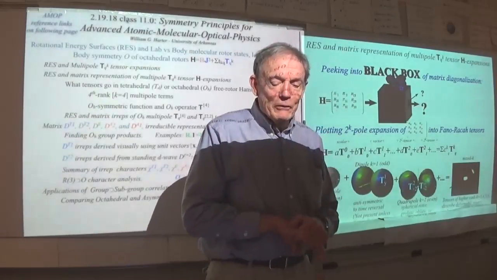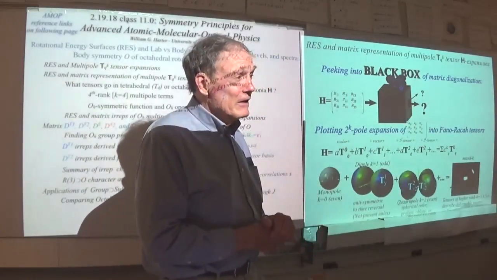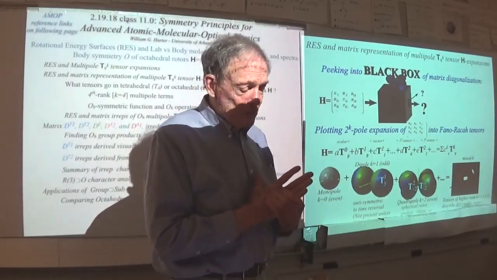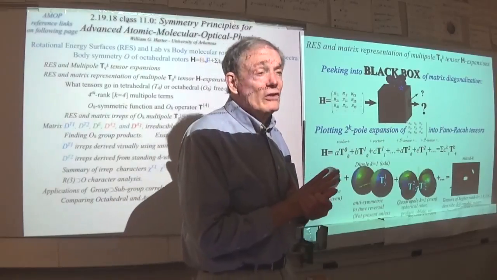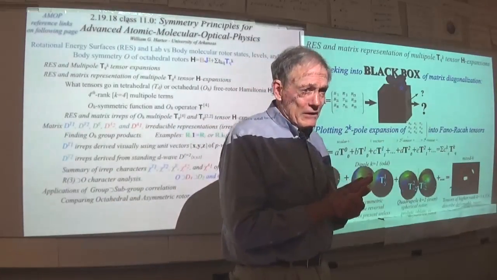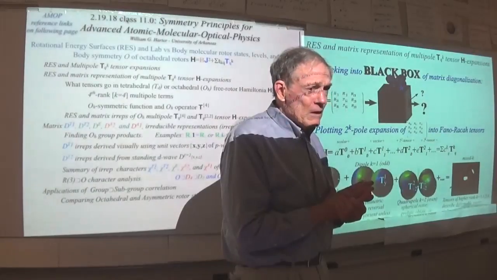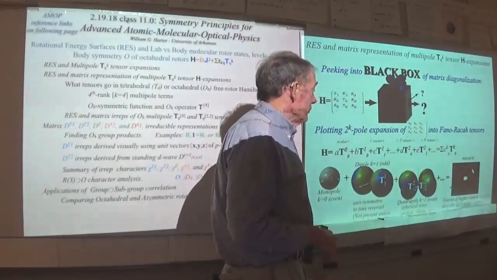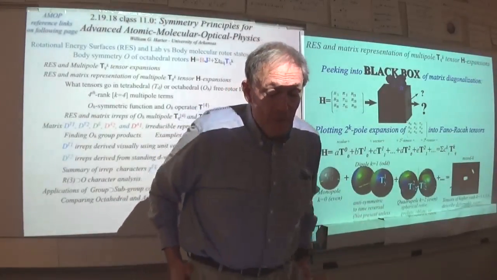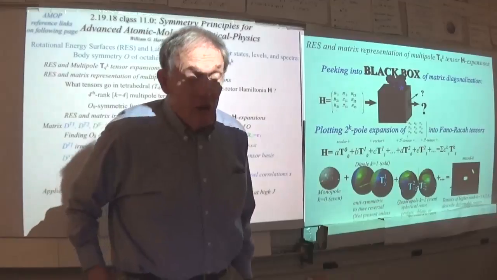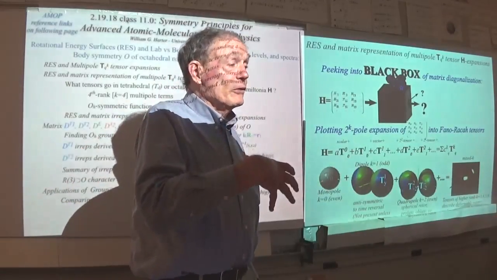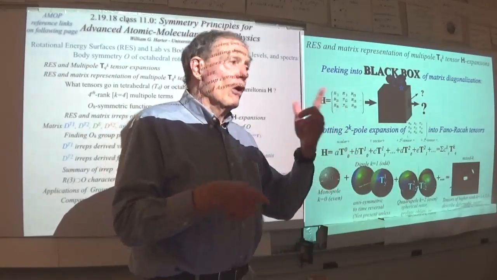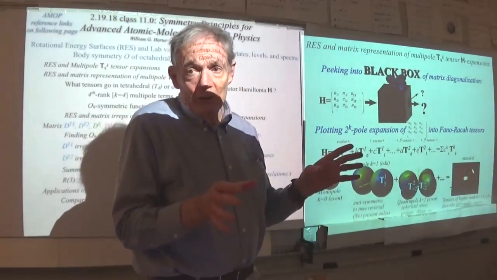Well, today we're going to try a different way, and that is top down. And this will go along with this project that we're doing starting with D2. We're going to try to apply that to the octahedral group. So we're going to let the tensorial analysis give us information about what to expect of the groups that lie inside this group U2 or R3 or the two together.